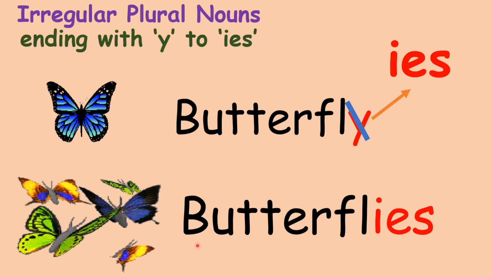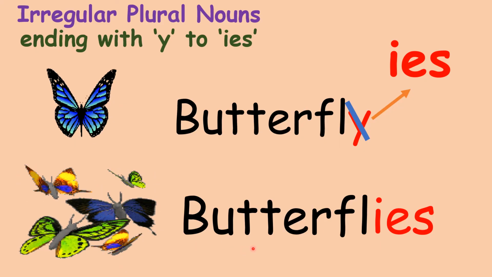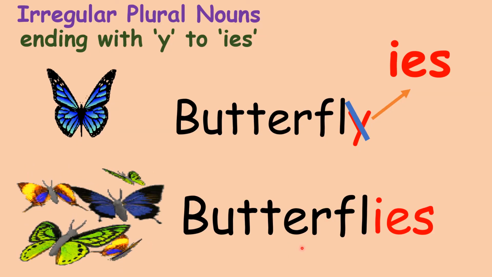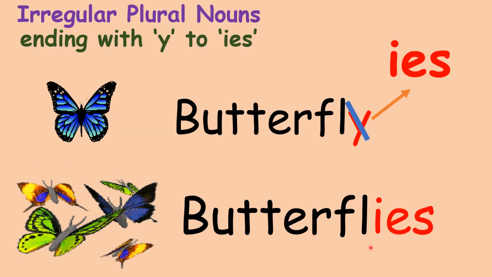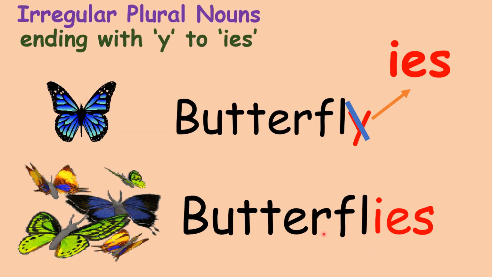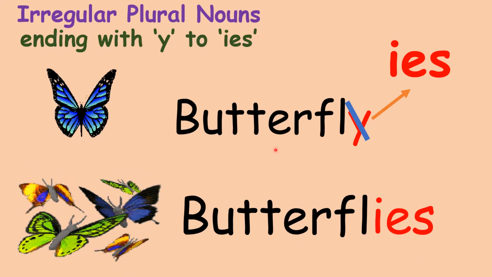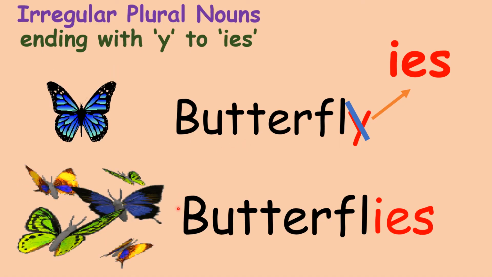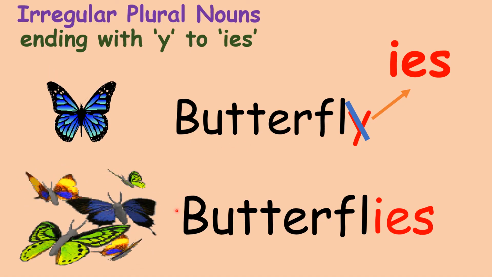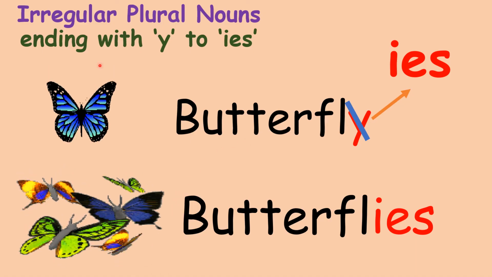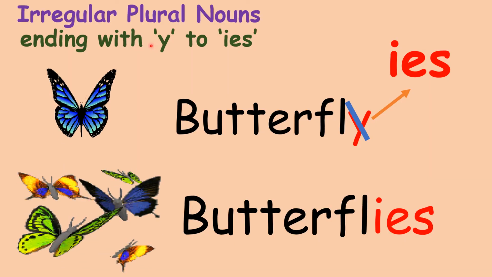And the spelling goes B-U-T-T-E-R-F-L-I-E-S. Butterflies. Now from one butterfly to many butterflies. This is also an example of irregular plural nouns.